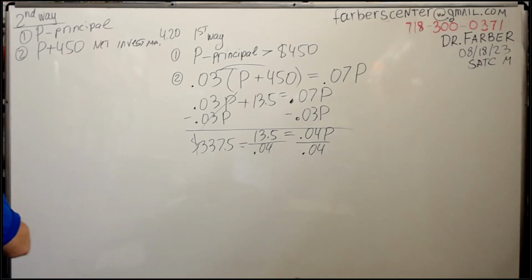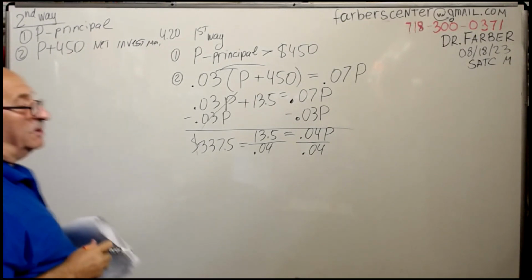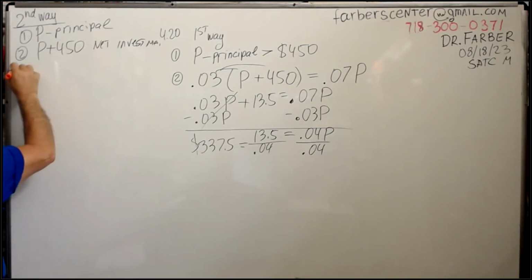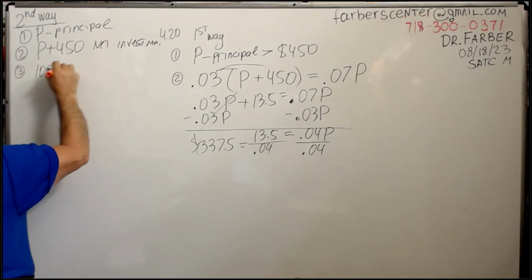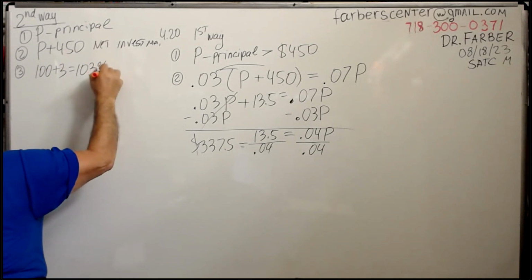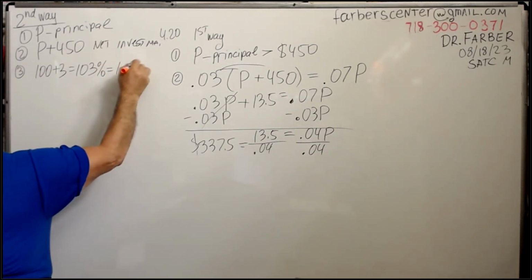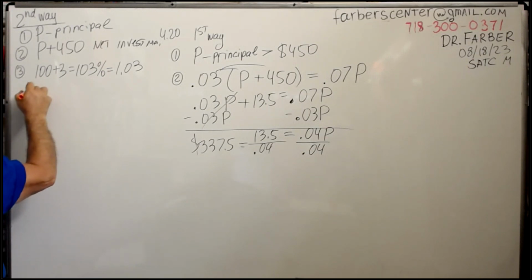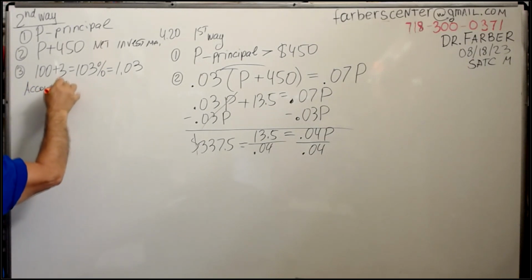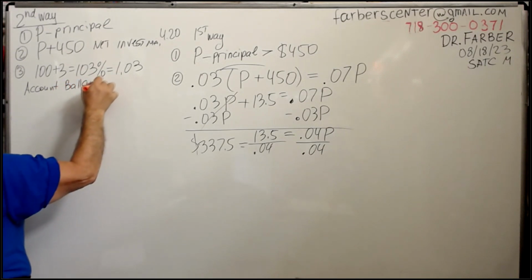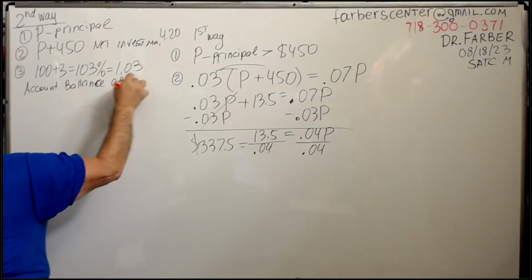Okay. Now, if you're talking not about interest but account balance, step number 3, it would be 100 plus 3, it's 103%, which is 1.03. So I can easily write the account balance after 1 year.